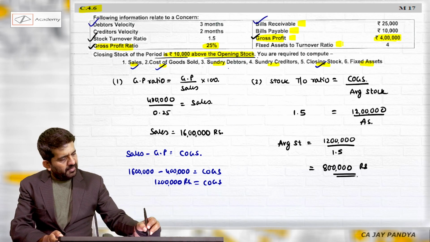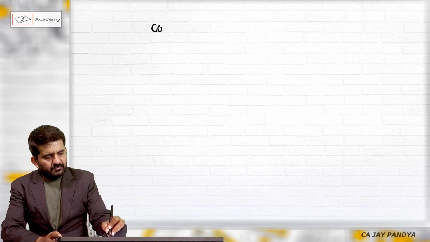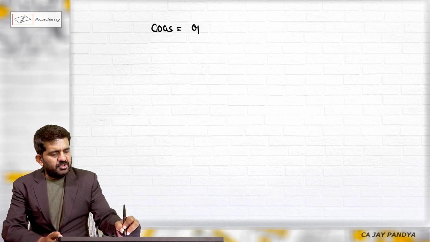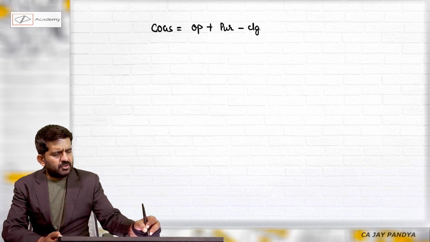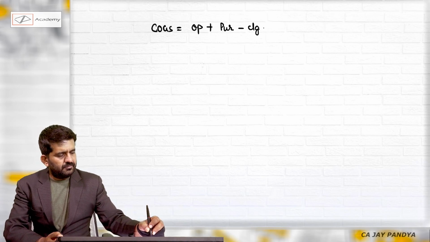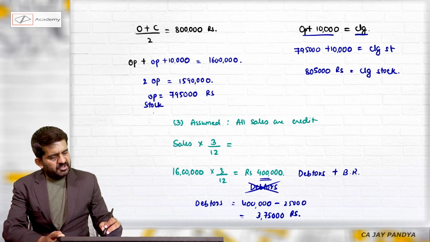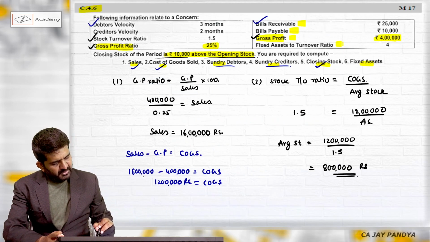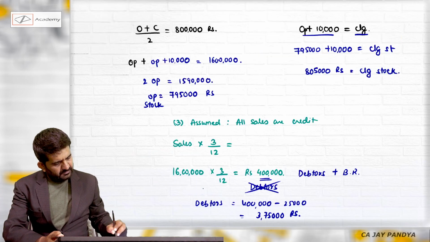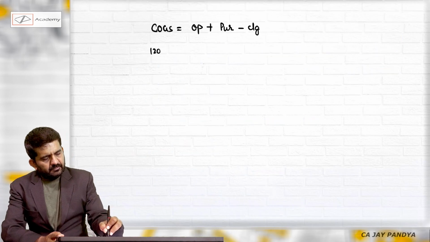Now we'll have to find out sundry creditors. For that, purchase is required. What is available? COGS is available. COGS can also be written as opening plus purchase minus closing stock. COGS is 12 lakh rupees.